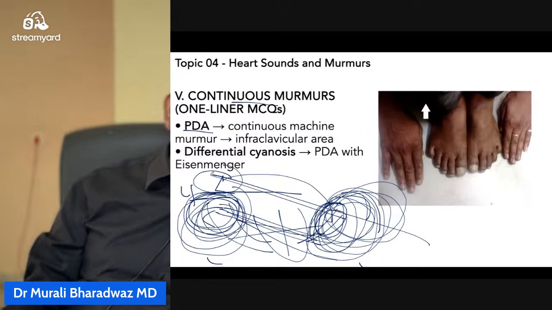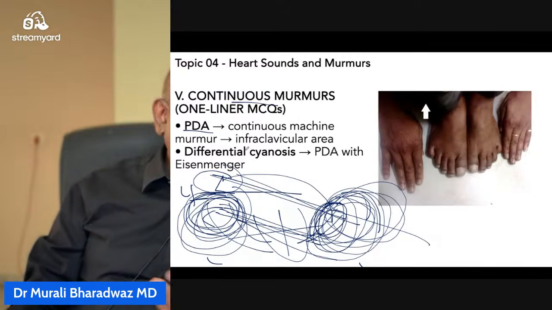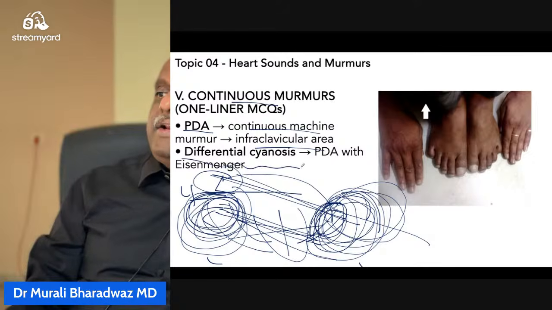That's the reason there is no cyanosis. And this movement occurs during both systole and diastole of the heart because it is outside the heart. That's the reason it's a continuous murmur heard in the infraclavicular area. Right? Then there is a differential cyanosis when this PDA is associated with Eisenmenger.